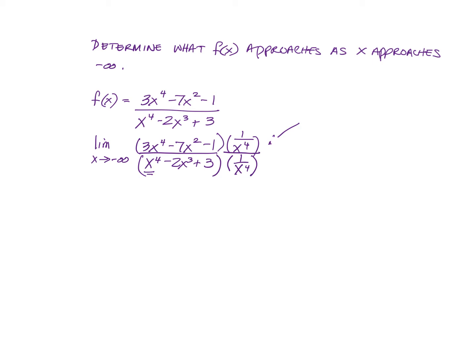I'm going to multiply this out, and I have to distribute the 1 over x to the fourth with all of the terms in the numerator and all of the terms in the denominator.